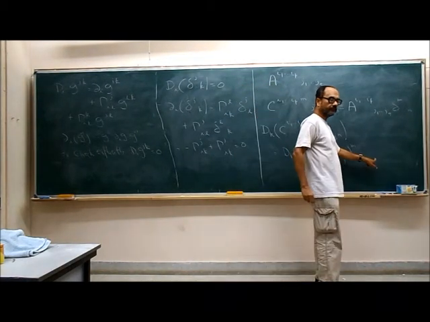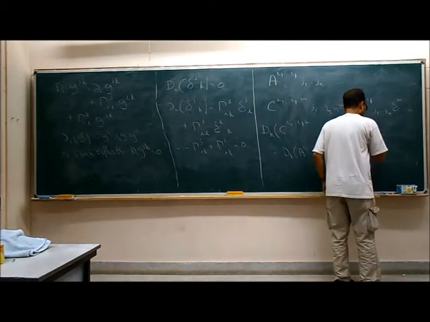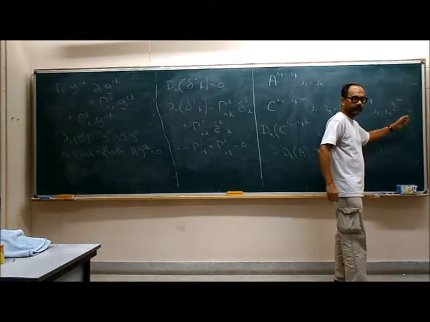Plus there would have been another term, but that term is 0, because ∇_k of δ^m_n is appropriately 0.